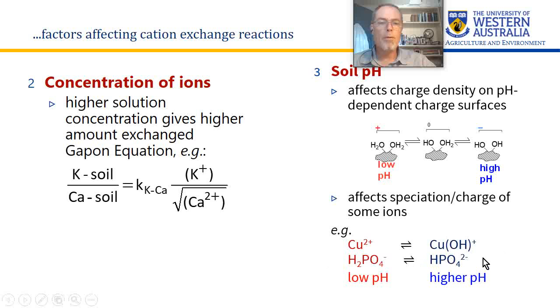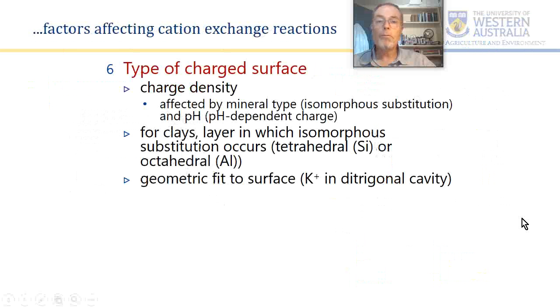But we know that anions like phosphate change species and therefore change charge in response to changes in pH as well. The type of charged surface is important as well. Different clays, for example, or different types of soil material, comparing clays with organic matter or oxides and so on, have different amounts of charge on their surface, and we've had a look at that already in other lectures.